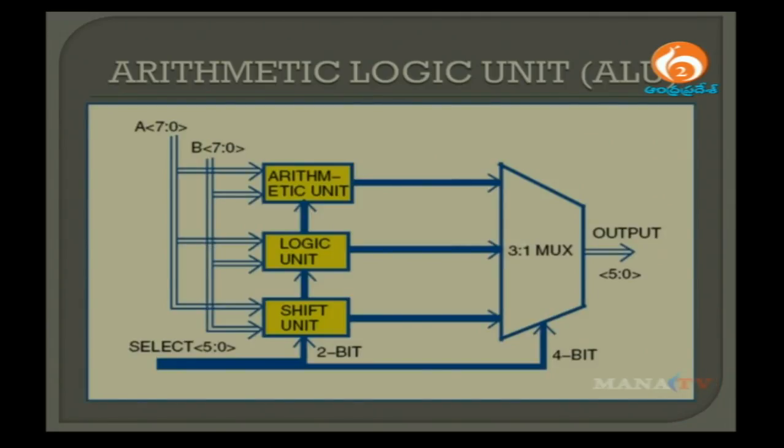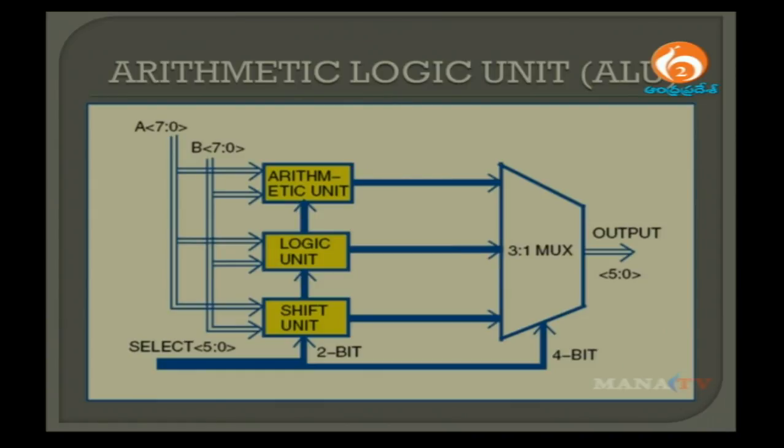So here we have the binary code diagram of the arithmetic logic unit, ALU, where the first system starts with A 7:0, and then we have B 7:0. Let us come to the A 7:0 diagram, which has the arithmetic unit, logic unit and shift unit, and then it results in the output.